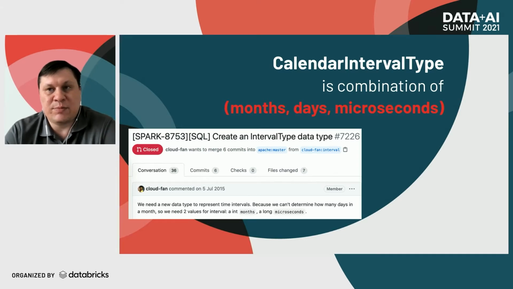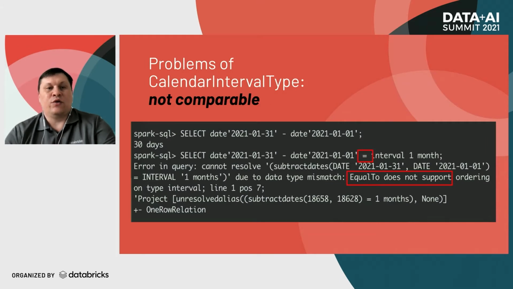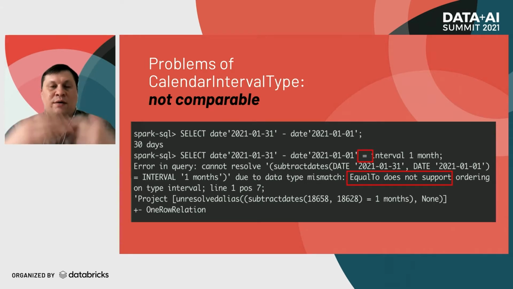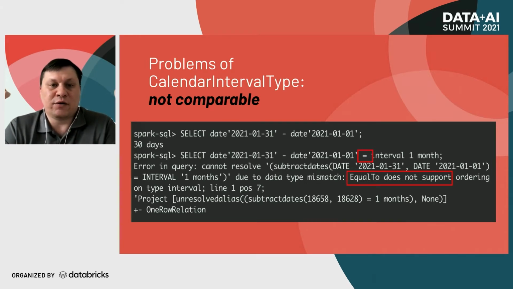But this brings some problems. First of all, the type is not comparable. For example, on the slides, you can see I try to compare the subtraction of 2 days with an interval of 1 month, and Spark complains it cannot compare, because even if we have an interval of 30 days and an interval of 1 month, we cannot say these intervals are the same, right?